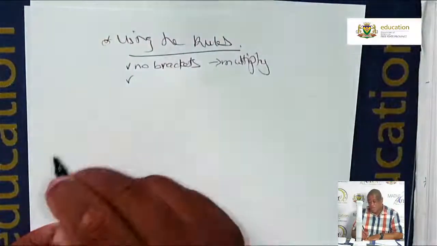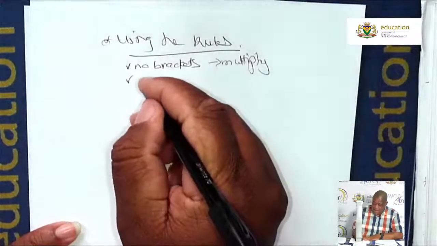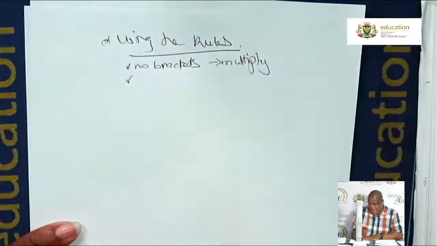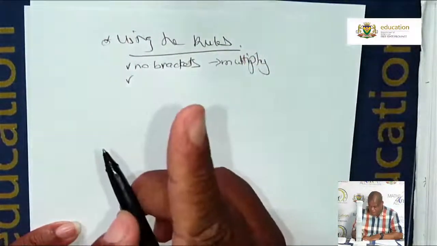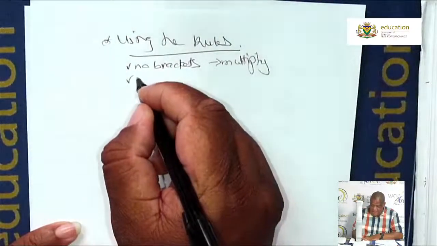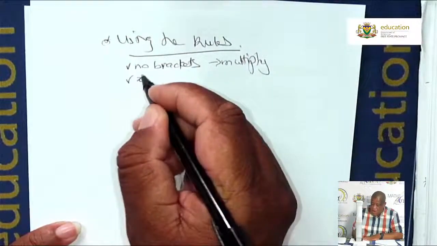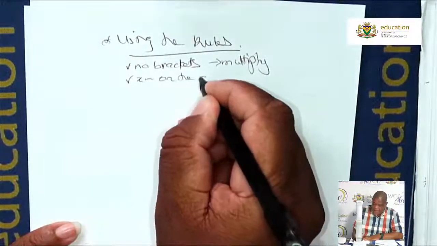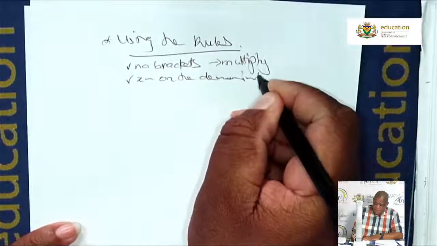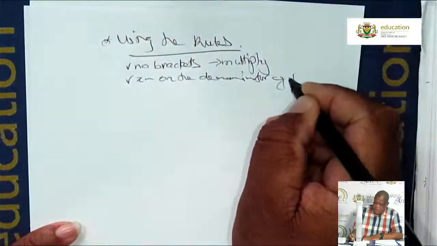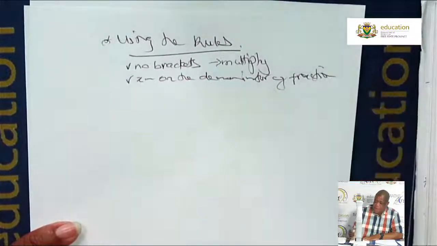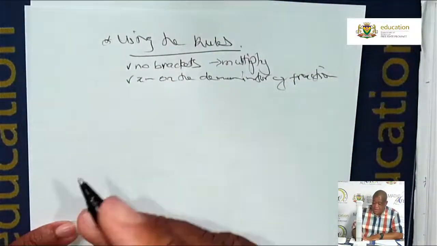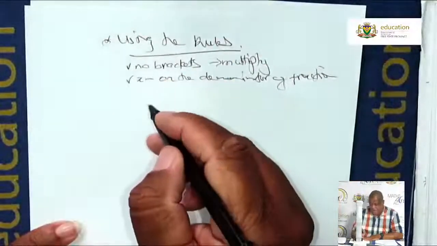Secondly, if there is a fraction, and you are to differentiate with respect to x, make sure that x is not appearing on the denominator of the fraction. If x is on the denominator, make sure that you simplify that first.